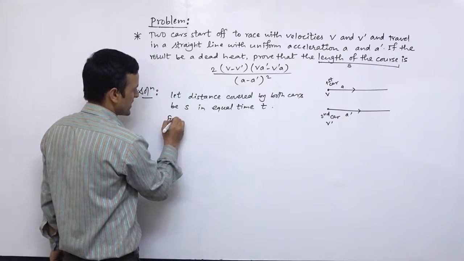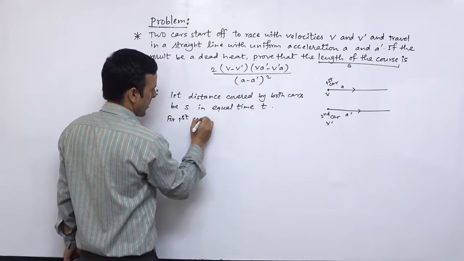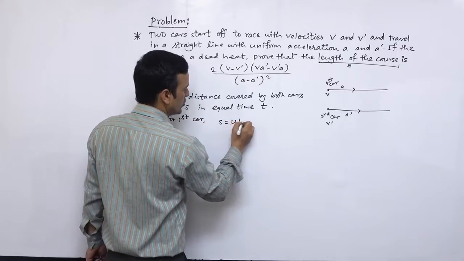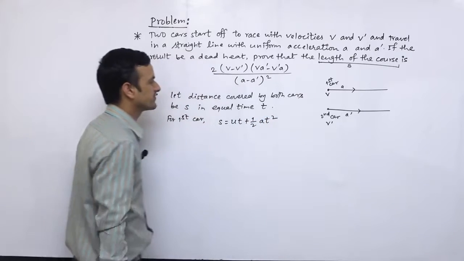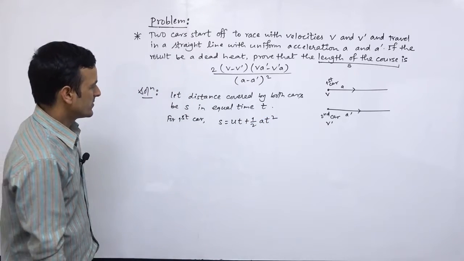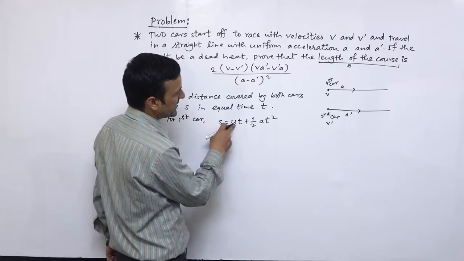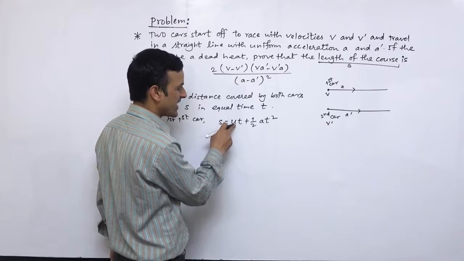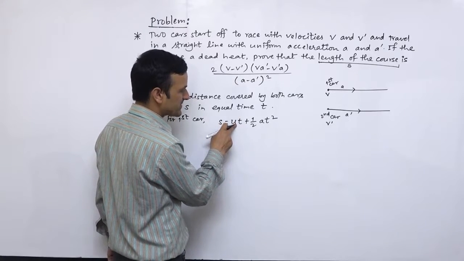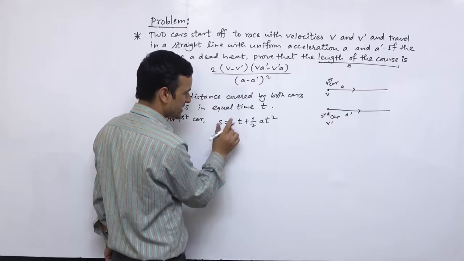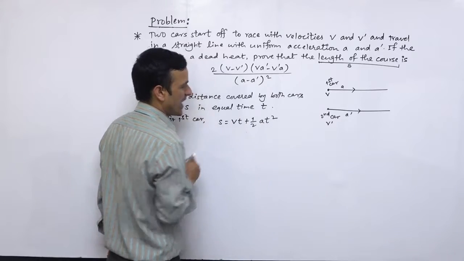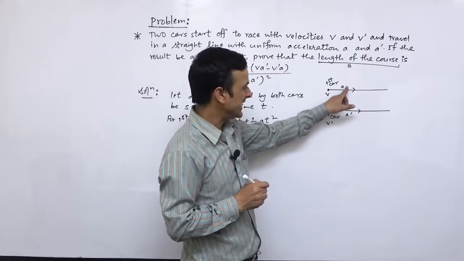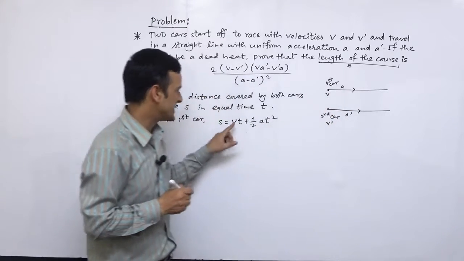So for the first car, s is equal to ut plus half at square, but its velocity is v. That's why we can write v in place of u. So s is equal to vt plus half at square. Its acceleration is a but its initial velocity is v.